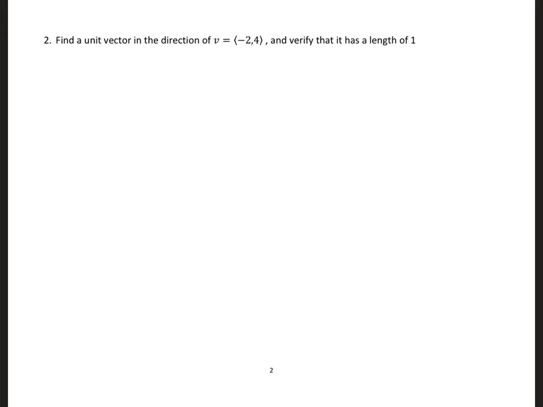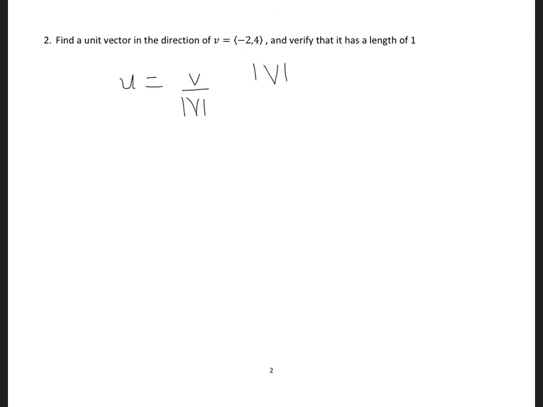And let's do another example. Find the unit vector in the direction of this vector and verify that it has a length of 1. So here I have this vector, negative 2, 4. So to find the unit vector u, it's going to be v over the magnitude of v.